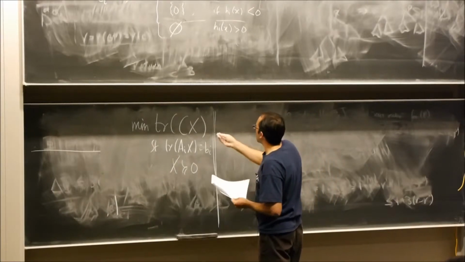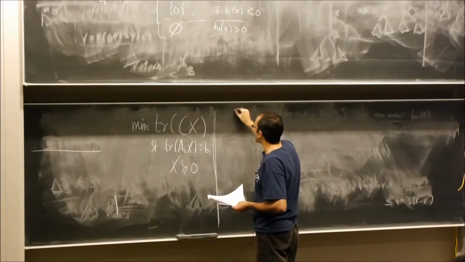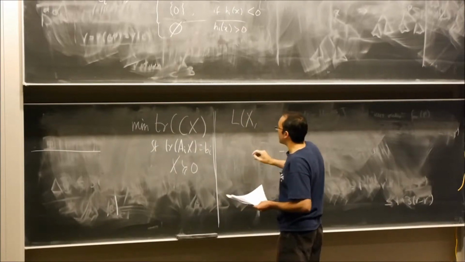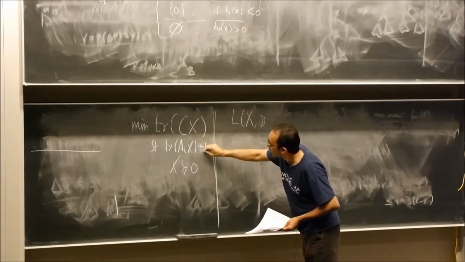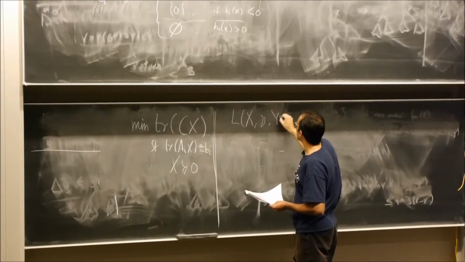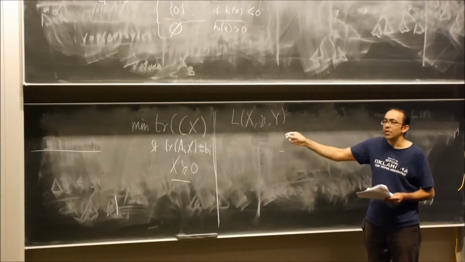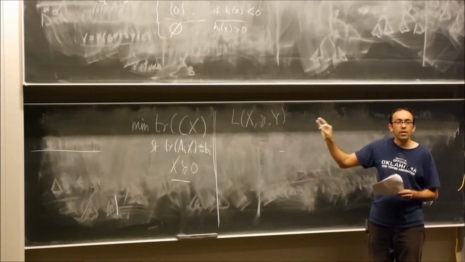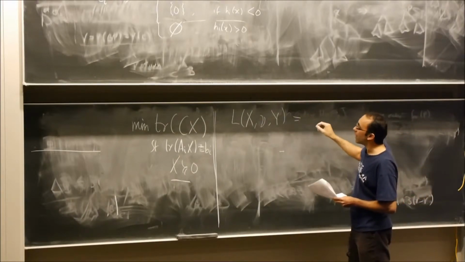okay, so let me write something, I'll create a sort of pseudo Lagrangian for it. I'll write X as the primal variable. I can write, say, nu for the equality constraints. And for the matrix constraint here, the so-called structural constraint, I'll introduce a matrix Lagrangian variable. It's not yet shown how, but let's hallucinate one.